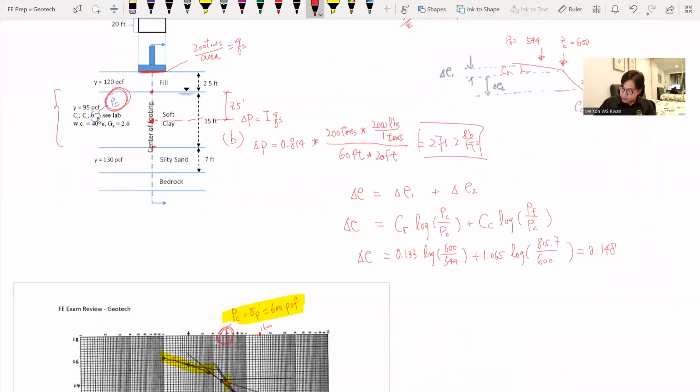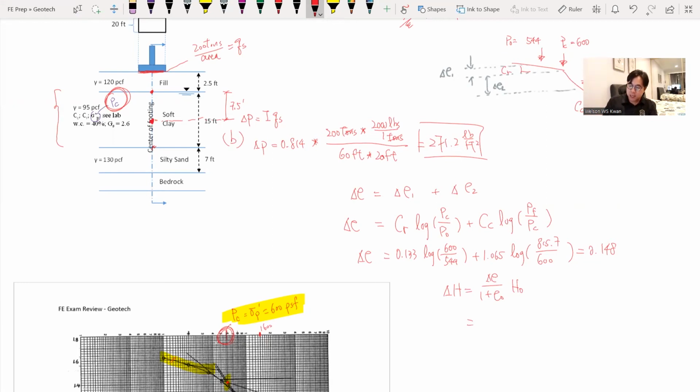So delta H, the settlement, equals the delta E we found divided by 1 plus E naught, times the H naught. In this case, the E naught is not given, but we know the water content and also we know the specific gravity.